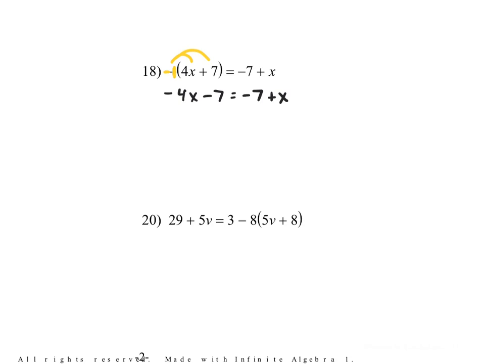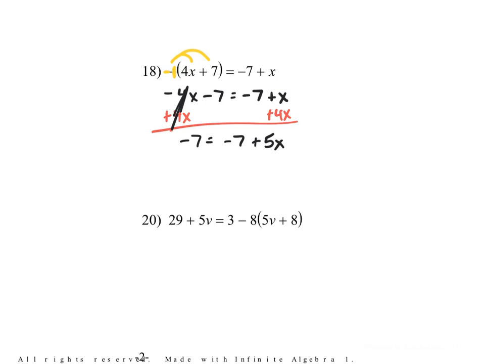All right. Now, from here, it's all about what you want to do first. I like to get my variables together. So the first thing I'm going to do is add 4x to both sides. And when I do that, I'm left with -7 equals -7 plus x plus 4x becomes 5x.